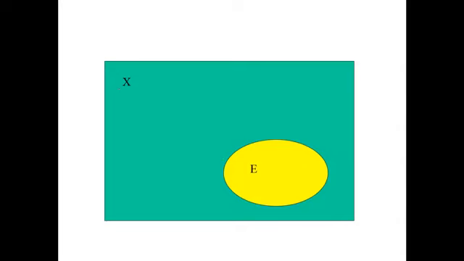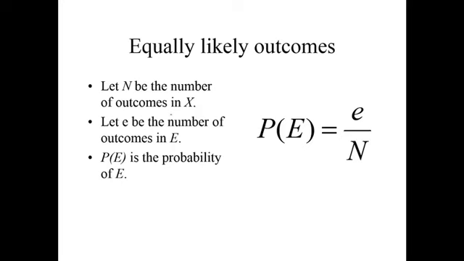Typically we will denote the sample space by X, and a particular event we'll denote by the letter capital E. We'll let capital N denote the total number of outcomes in the whole sample space X. Recall previously we have used capital N as the number of things in our population.